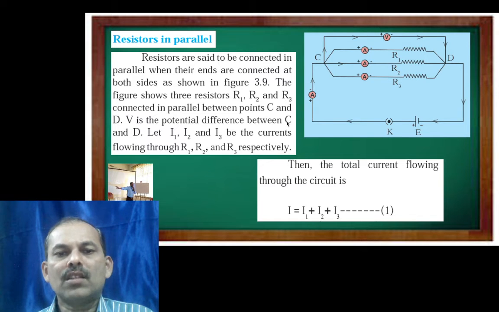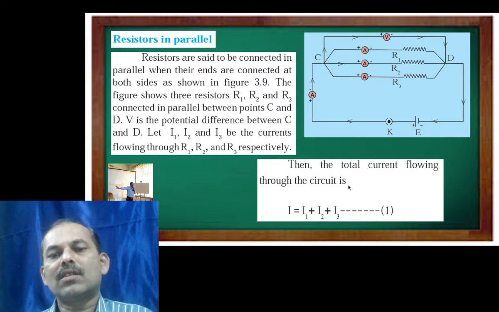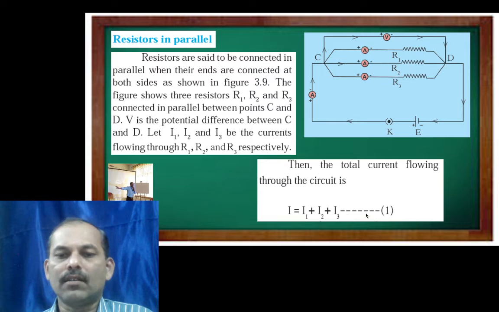V is the potential difference between C and D. Let I1, I2 and I3 be the currents flowing through R1, R2 and R3 respectively. Then the total current flowing through the circuit is I equal to I1 plus I2 plus I3.